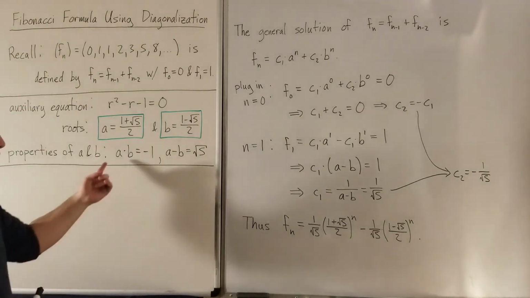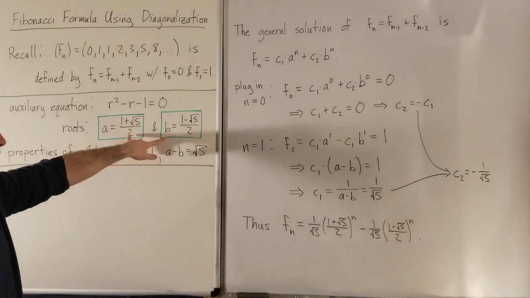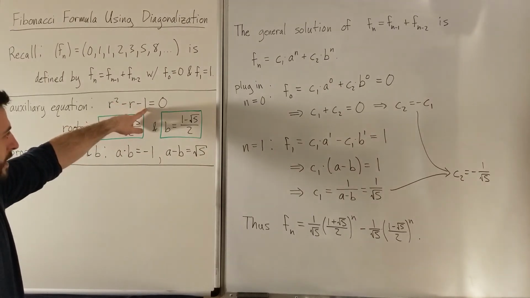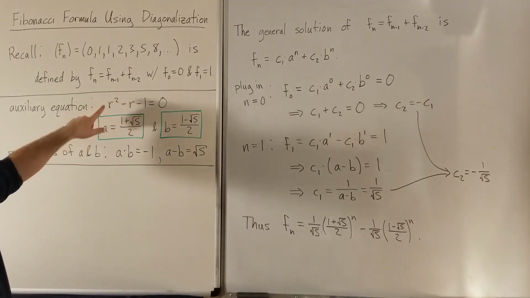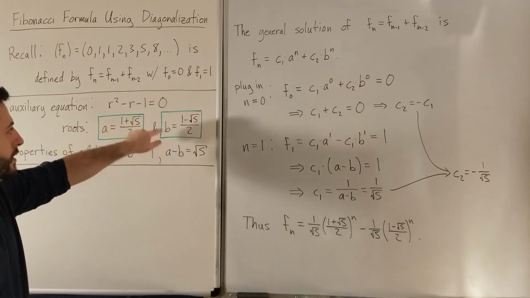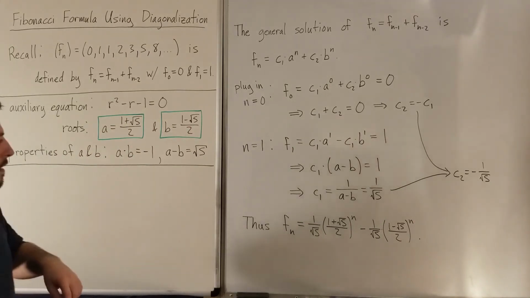A simpler way to see that their product is -1 is whenever you take the product of two roots of a quadratic, you're going to get the constant term, at least if the quadratic is monic. In other words, if the leading coefficient is 1, then the product of the two roots will be the constant term, which is -1 in this case. Okay.